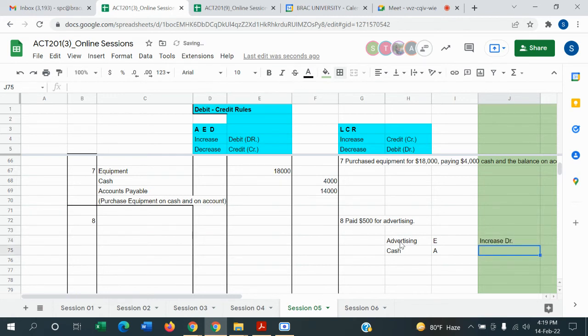Cash decreases, so it should be credit. Advertising expense and cash. Advertising should be debit by 500. Cash should be credit by 500. That's all. Paid advertising expense.